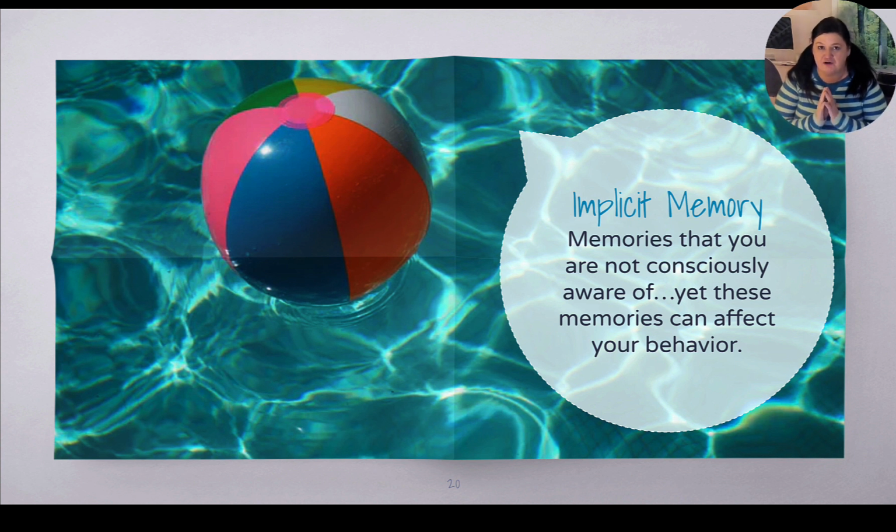Okay, so the procedural memories that start out as explicit turn into implicit memories. The explicit ones are the intentional or conscious recollection of information, where you are deliberately trying to remember something.